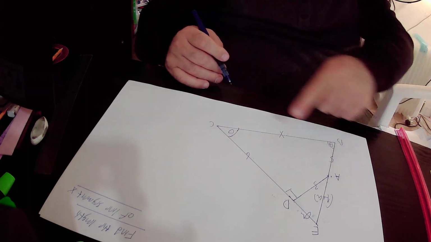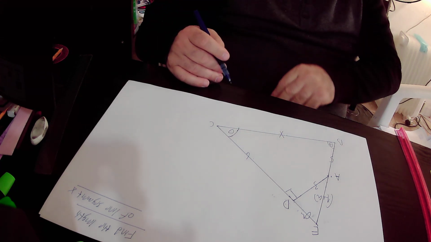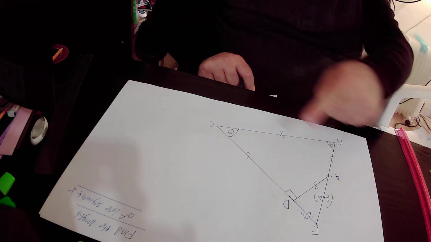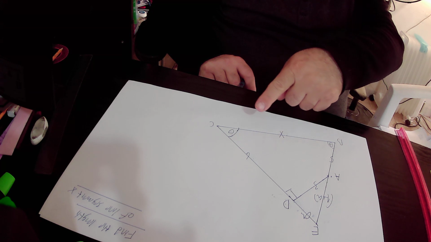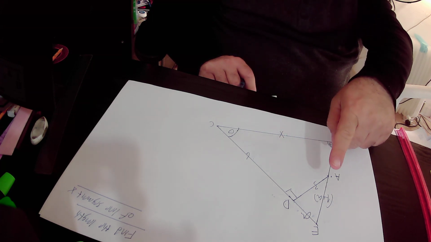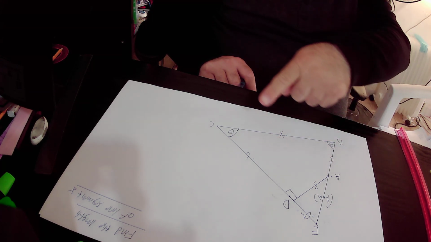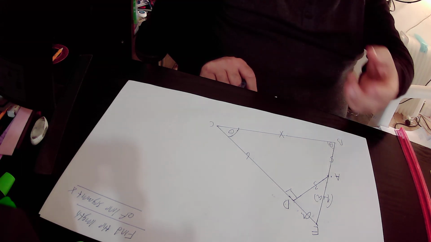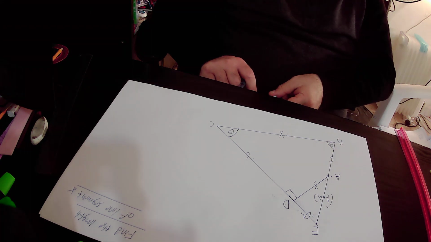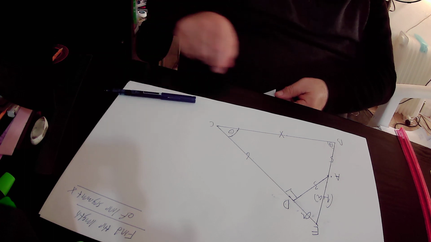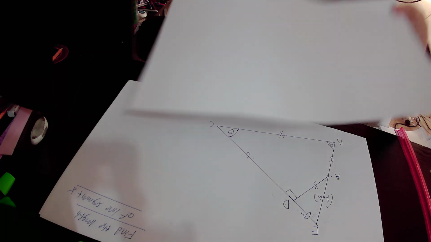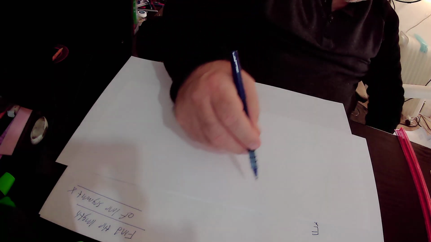That is to say, EC is also a straight line. I'll write it down. Line segment EC is a straight line.